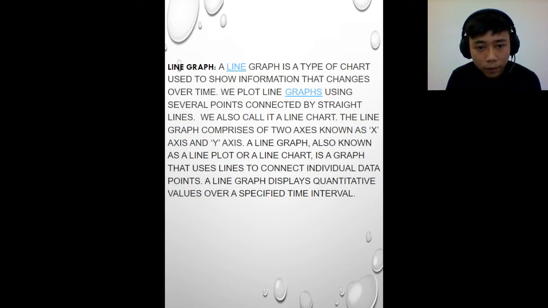The line graph comprises two axes known as the x-axis and y-axis. A line graph, known as a line plot or a line chart, is a graph that uses lines to connect individual data points. A line graph displays quantitative values over a specified time interval.